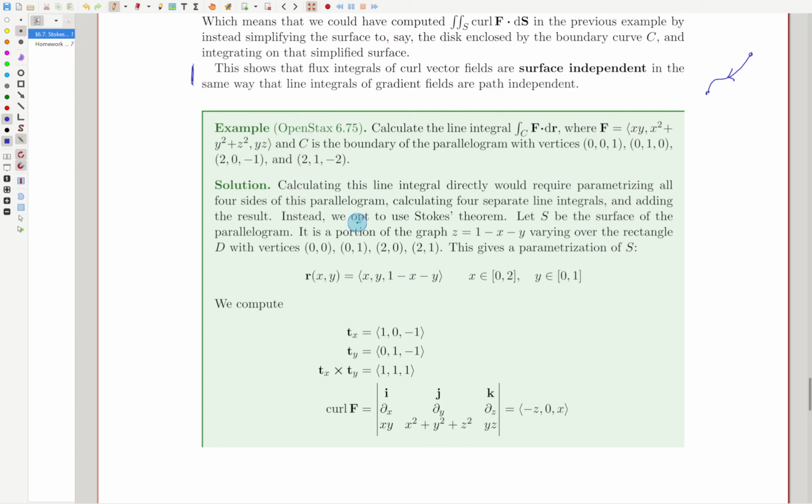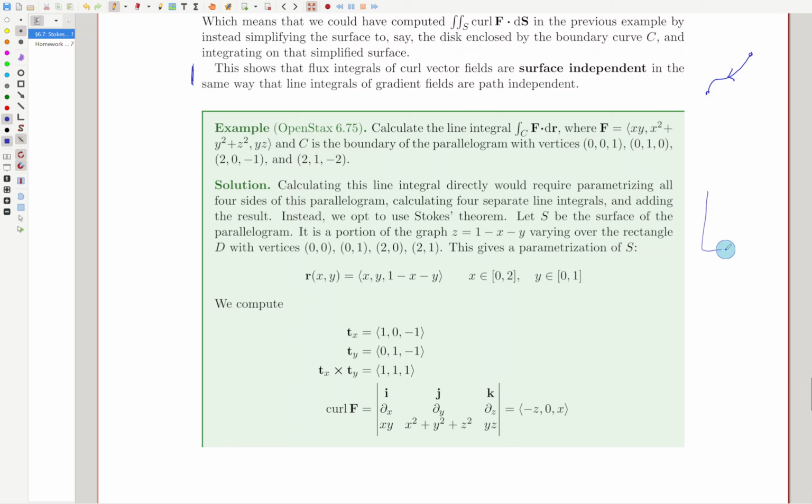So first of all, let's figure out how we describe the surface. Instead of the boundary, we want to talk about the parallelogram itself. Let's call that S. You have to kind of construct it, and maybe drawing a picture helps.